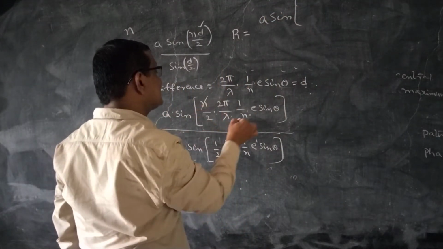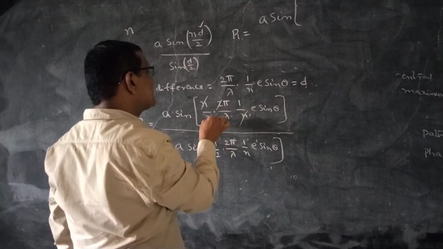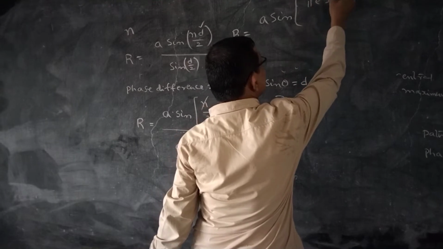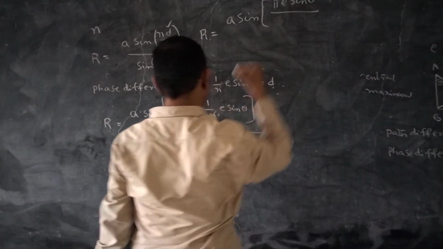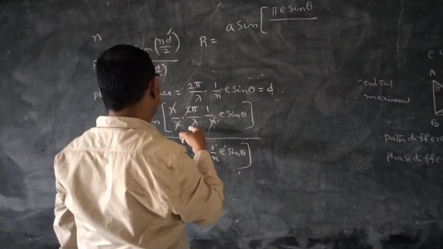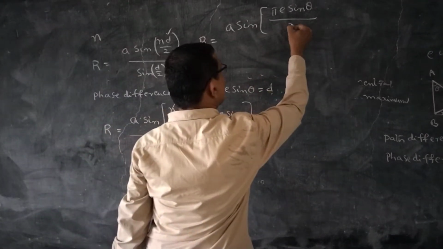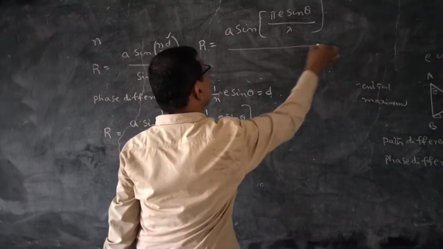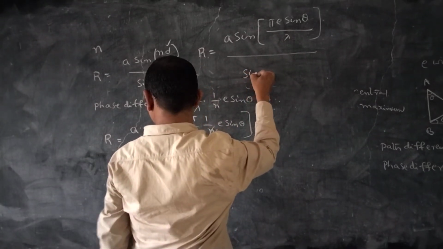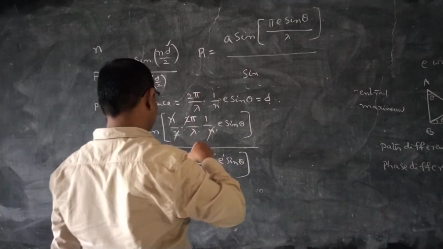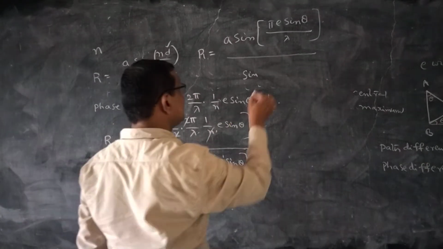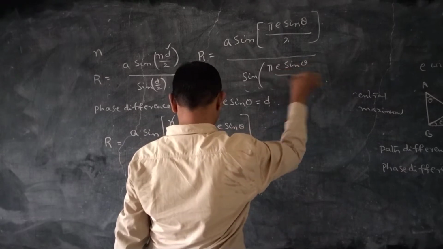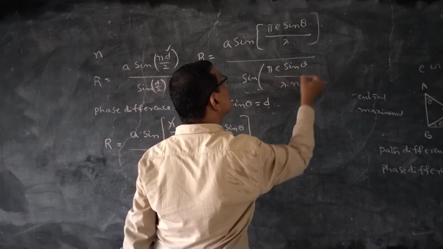Here n gets cancelled, and 2 gets cancelled. So we get A sin(π e sin θ/λ), whole divided by sin(π e sin θ/(λ n)).